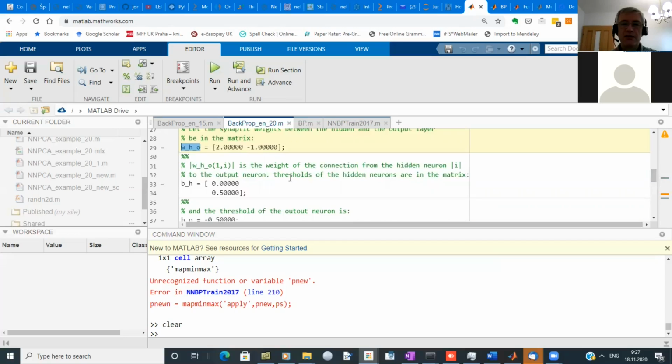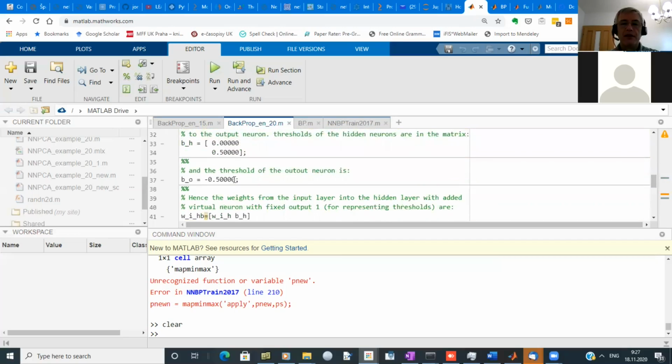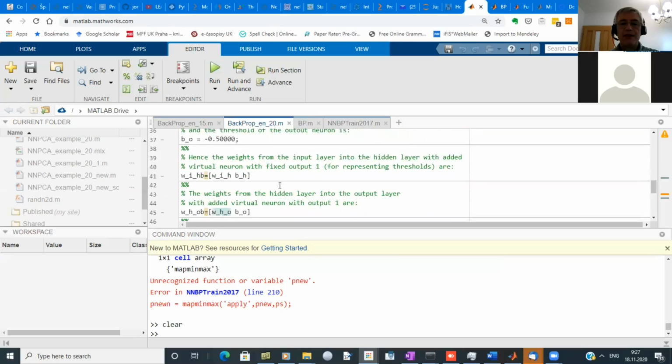So this is almost the same. The values for the biases for the hidden layer are 0 and 1/2, and the bias for the output neuron is -1/2. So altogether, we will build the extended weight matrix between the input and hidden layer. The suffix B means that the biases will be added.